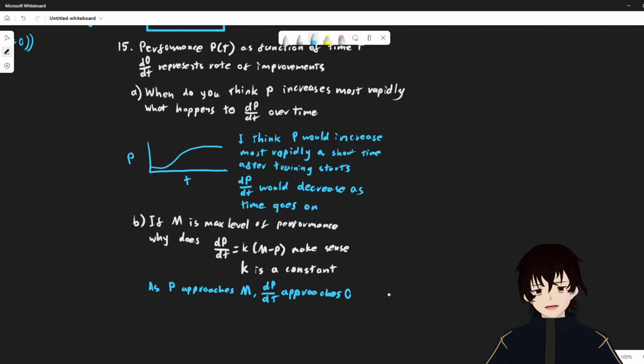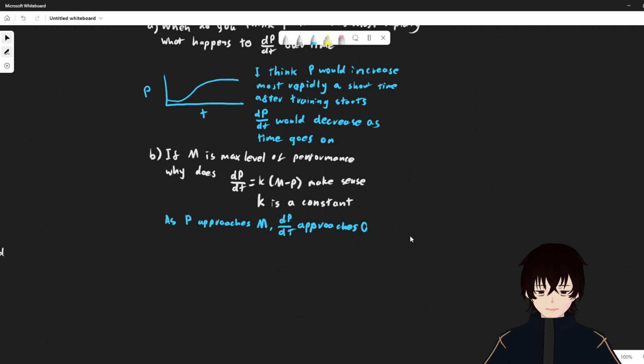When you reach that max level of proficiency, which you never will, well, as you get close to it, it goes way slower, and you'll never reach perfection. Just like real life.